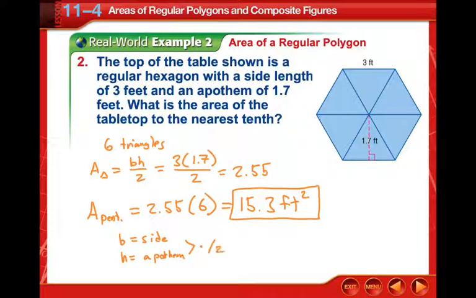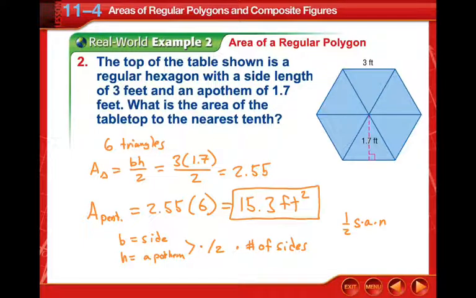And then divide it by 2. And then we multiply that by the number of sides. So we multiplied the side length times the apothem times the number of sides, so that's n, times 1/2.